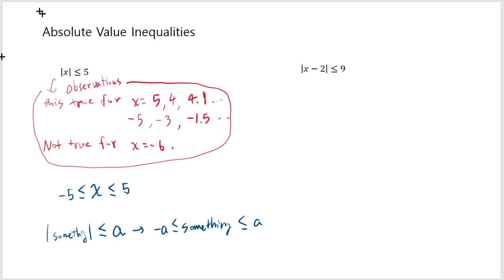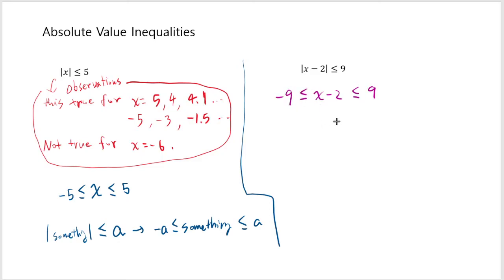So let me demonstrate how you can use this property to solve this next inequality. Let's say you have absolute value of x minus 2 less than 9. Then using this same analogy, we know that x minus 2 has to be between 9 and -9. Okay?